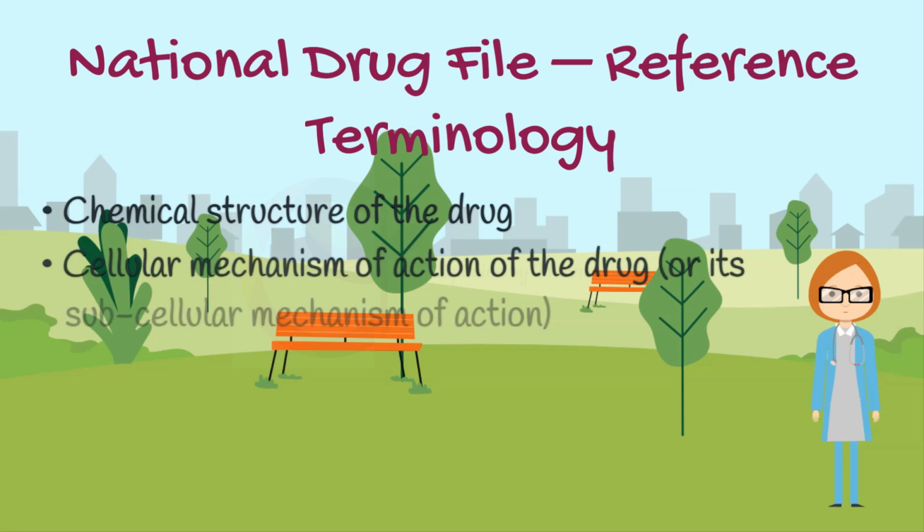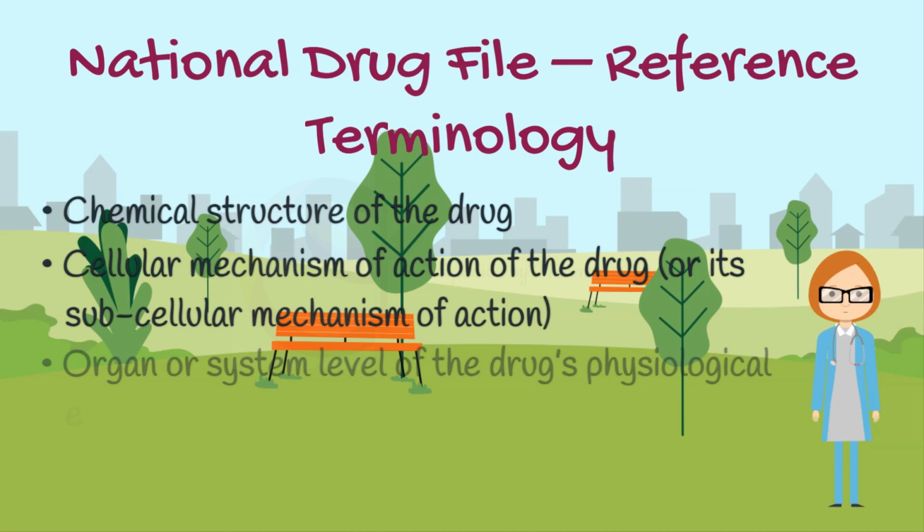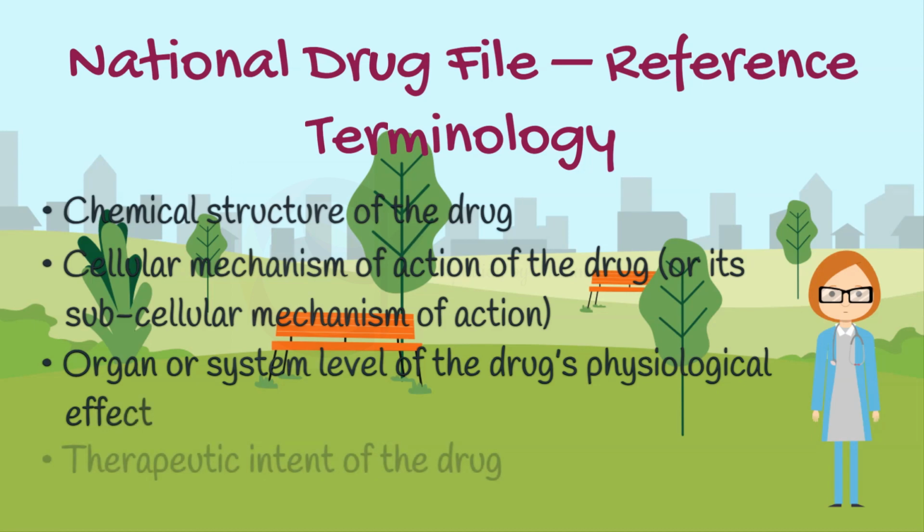For instance, the National Drug File reference terminology is a system of classification used by the United States Department of Veterans Affairs, that classifies drugs based on 4 categories. Chemical structure of the drug. Cellular mechanism of action of the drug, or its subcellular mechanism of action. Organ or system level of the drug's physiological effects. Therapeutic intent of the drug.